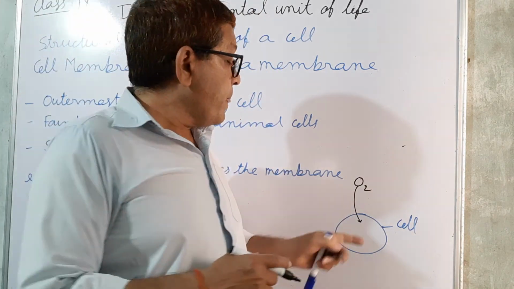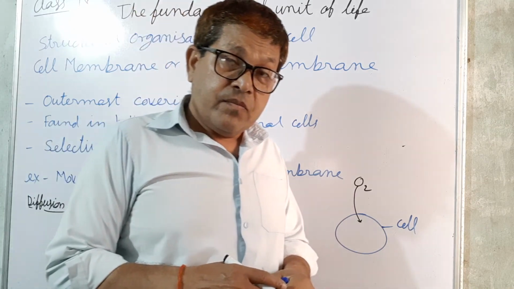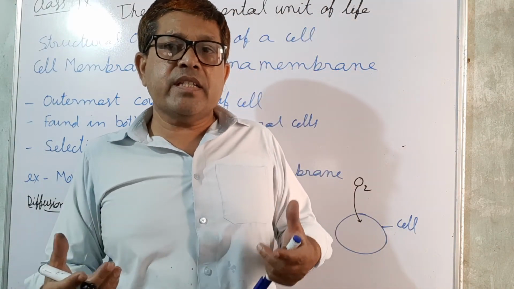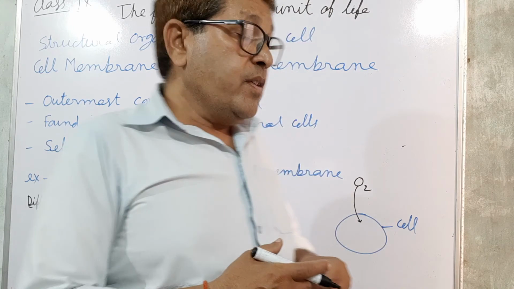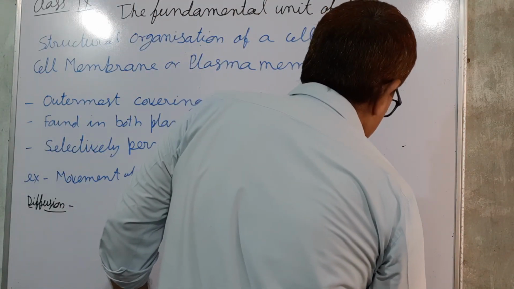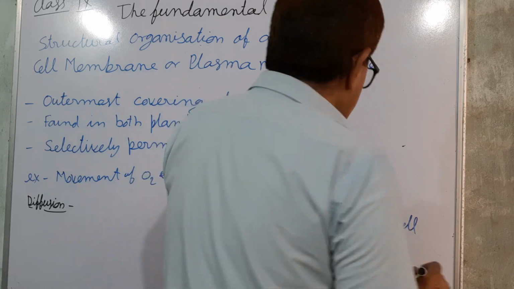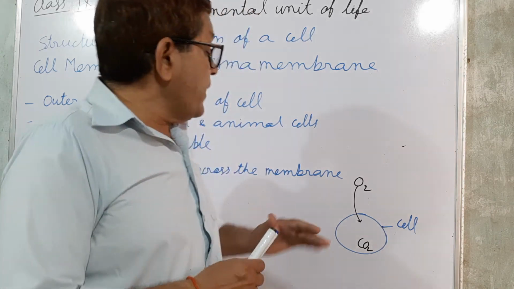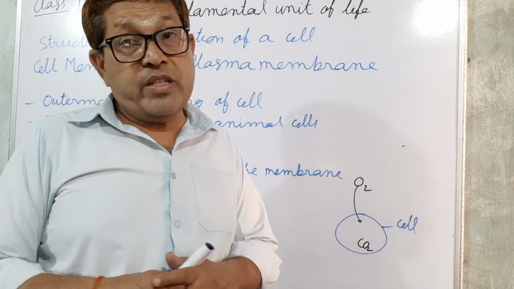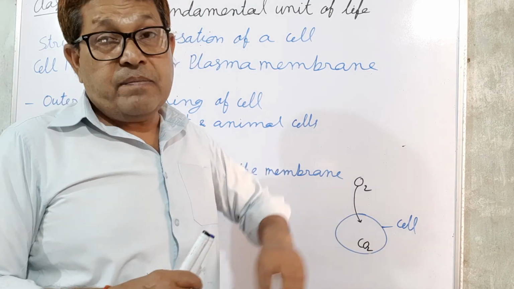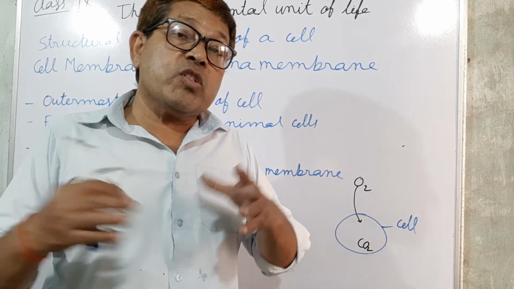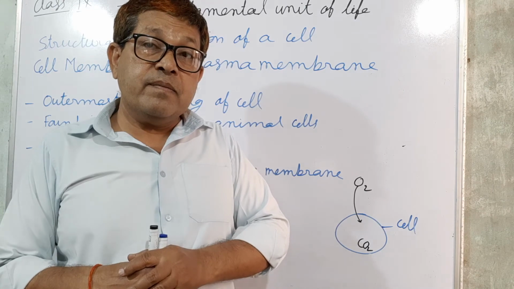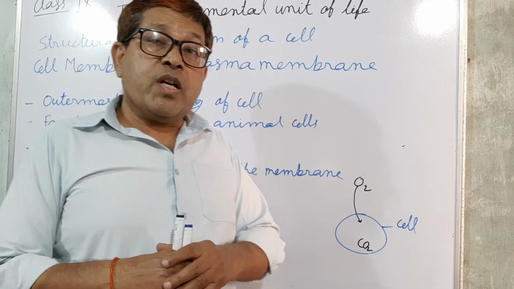Inside the cell, respiration takes place, and as a result carbon dioxide is produced. This carbon dioxide remains inside the cell, so the concentration of carbon dioxide inside increases.